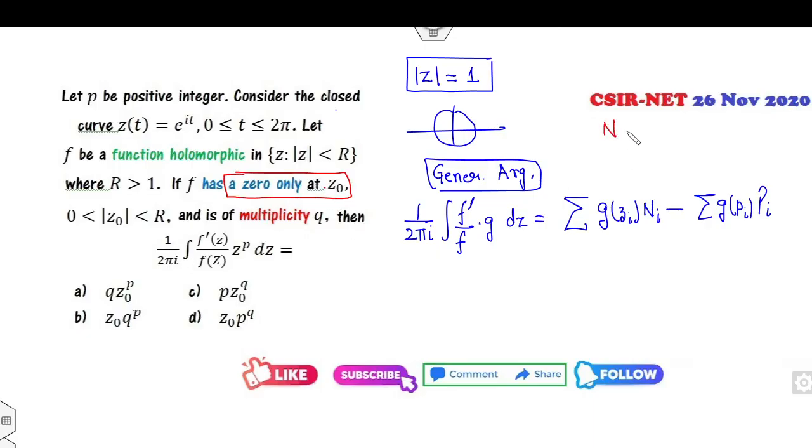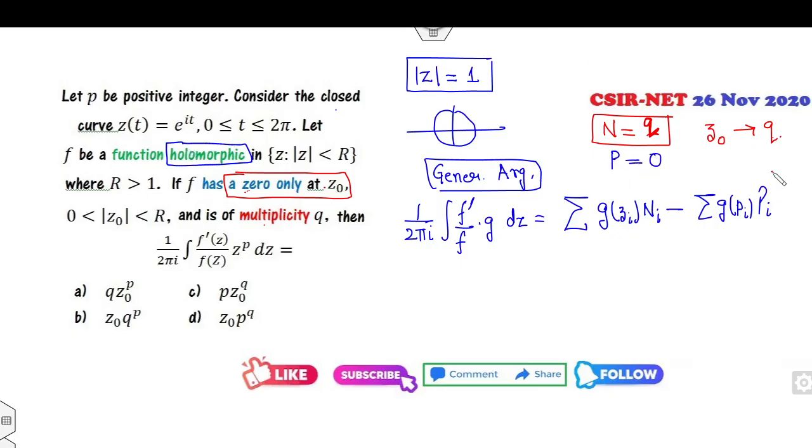That means the zero is only one point, z0, with multiplicity q. So the number of zeros is q, because it has multiplicity q. Again the function is holomorphic, so the number of poles is 0.